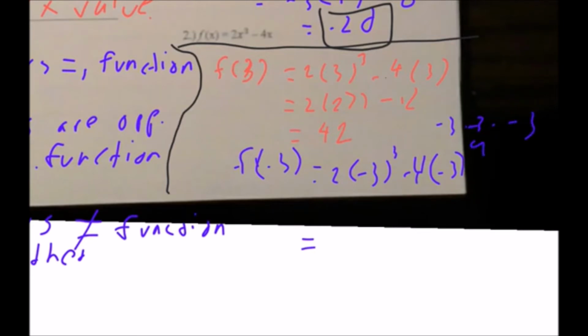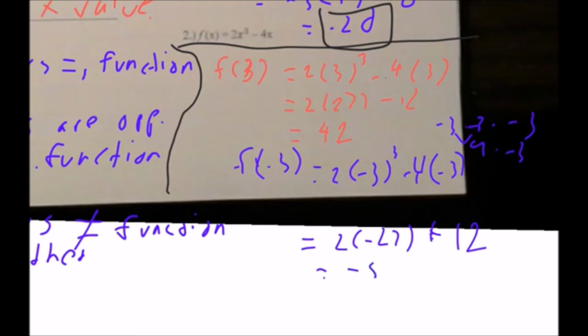So you get 9 times -3, and you get -27. So 2 times -27 minus 4 times -3, which is plus, because a negative times a negative is positive, so plus 12.